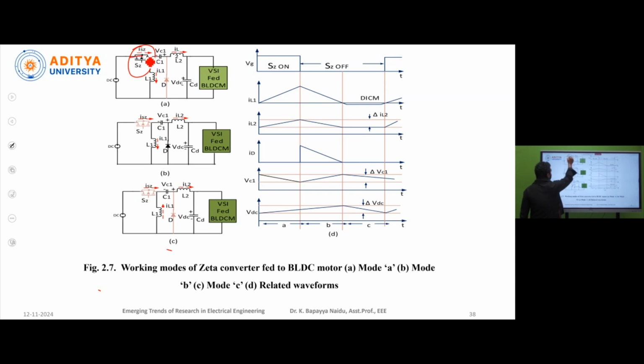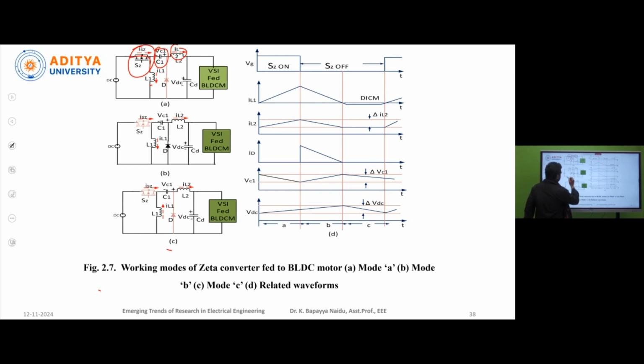Whenever it is in on state, the current IL1 flows through L1 and the current IL2 flows through L2, and VC1, the voltage across C1, will change. Here C1 starts charging.